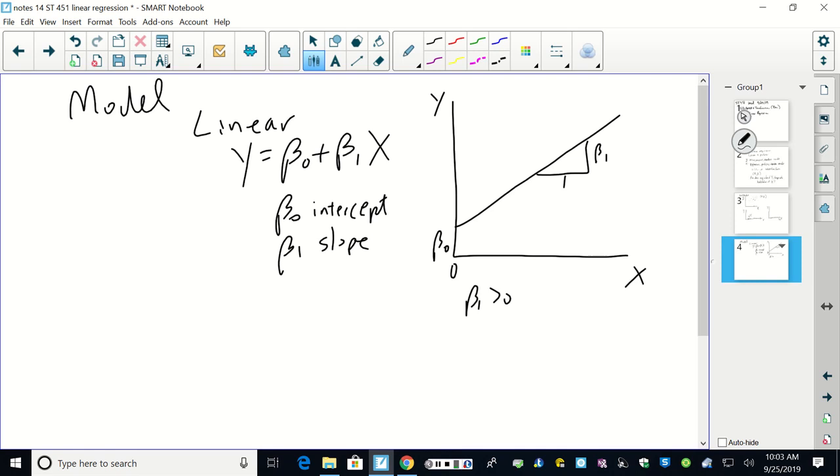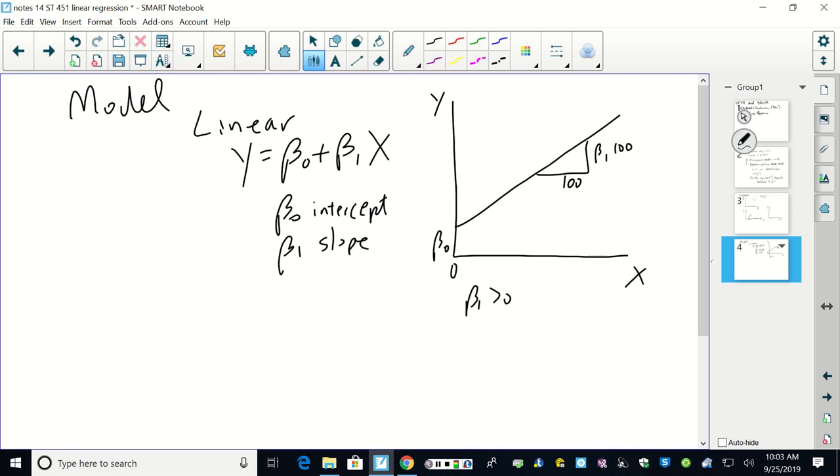Sometimes changing x by 1 is not so important. If the range of x is in the thousands, changing by 1 is not a really big deal, but maybe changing x by 100 is. If you change x by 100, then the rise would be beta 1 times 100. So sometimes interpreting the coefficients and that slope makes more sense in context if it's multiplied by 100, right?